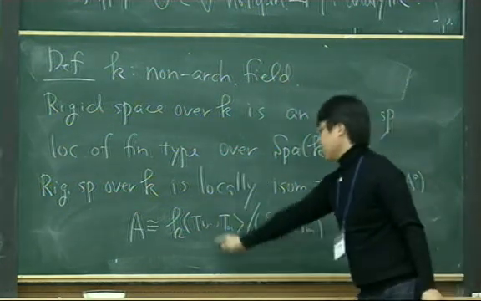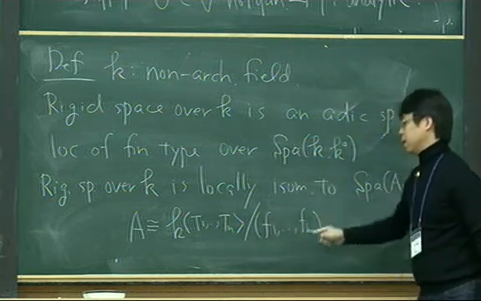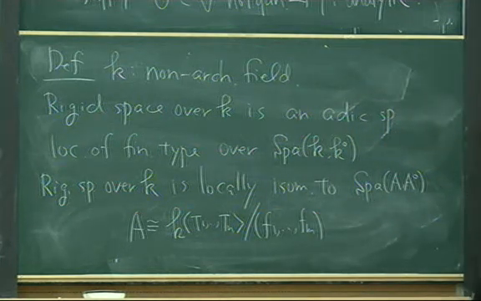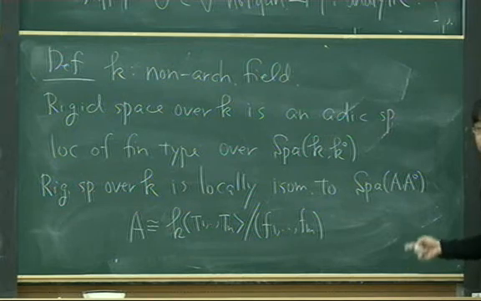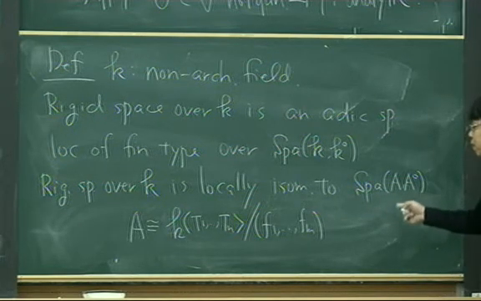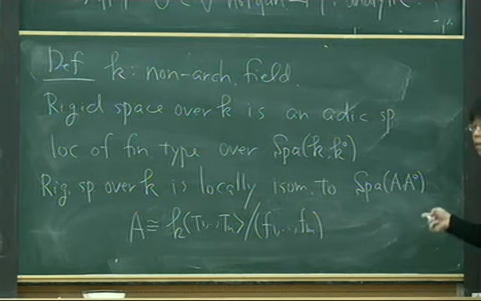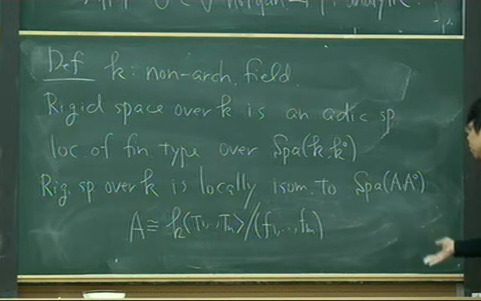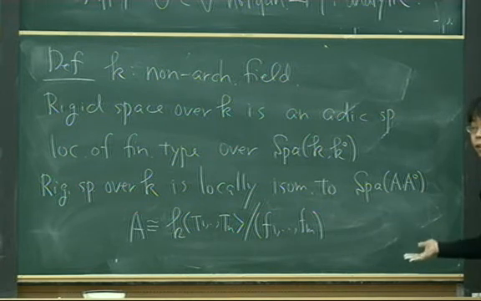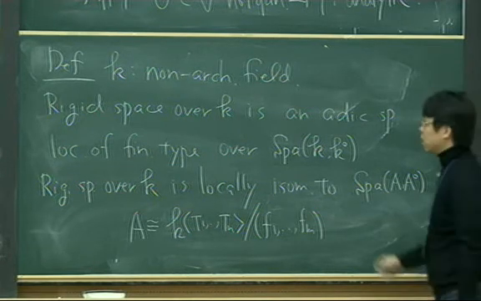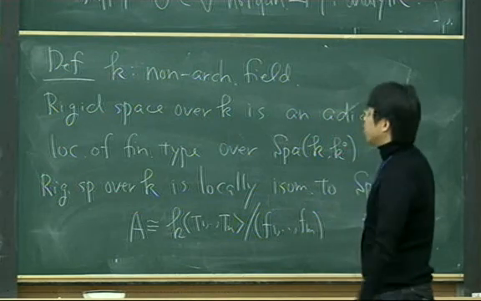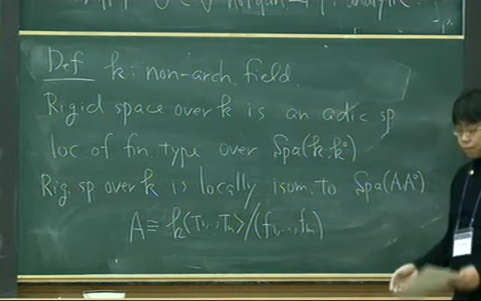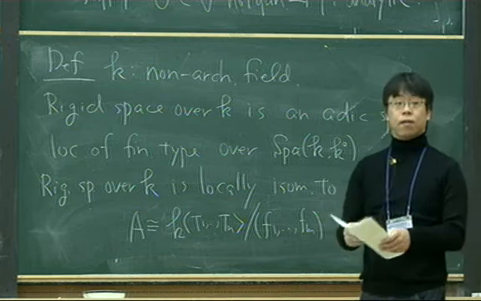We know that this is Noetherian, so this ideal is always finitely generated. If you know the classical theory of rigid analytic geometry by Tate, this is compatible with the definition of Tate. And actually the functor from Tate's rigid spaces to adic spaces is fully faithful. So the theory of adic spaces contains the theory of classical rigid spaces. I will stop here. Thank you very much.